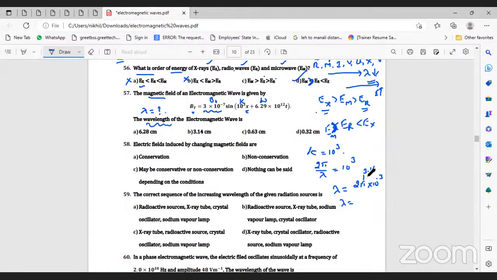So 2 into 3.14 is 6.28 into 10 power minus 3, or lambda will be equal to 0.628 into 10 power minus 2, or lambda will be 0.628 centimeter. That is 0.63 centimeter. So option C is the right answer.